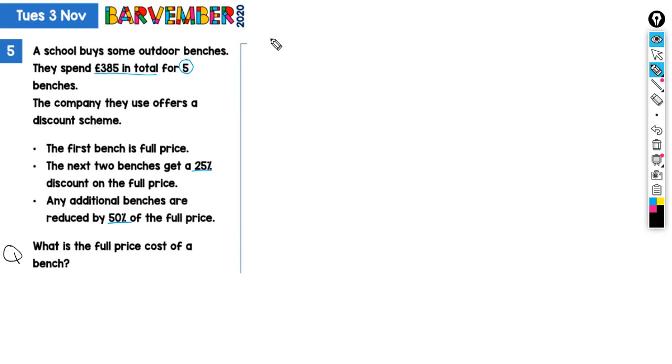Now I could just draw them like this. So let's say, 1, 2, 3, 4, 5. And then I could split them up like this. But actually I think it's going to be easier to draw them separately, just to be able to see, but it would be entirely up to you.